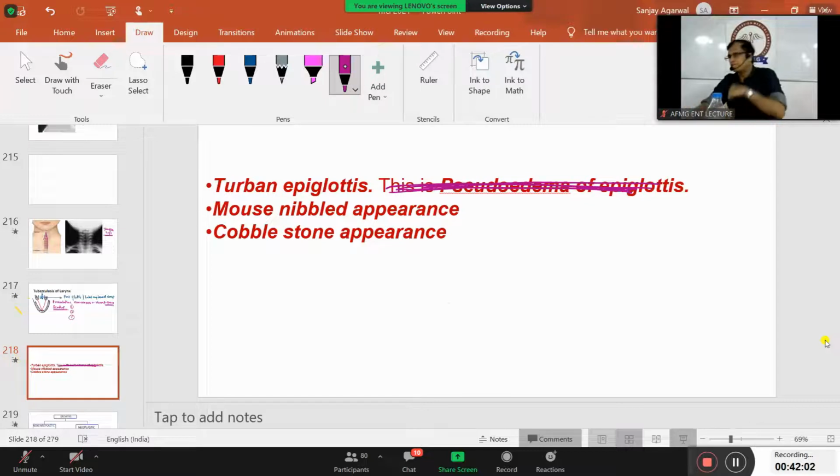We have 3 findings: turban epiglottis, mouse nibbled appearance, and cobblestone. In tuberculosis, these 3 names are the most important MCQs. Very important. Very common.